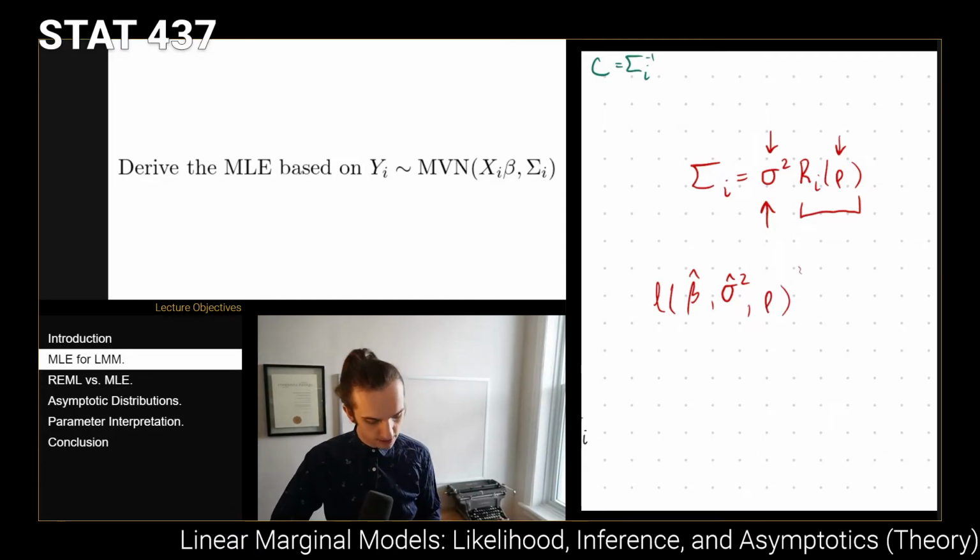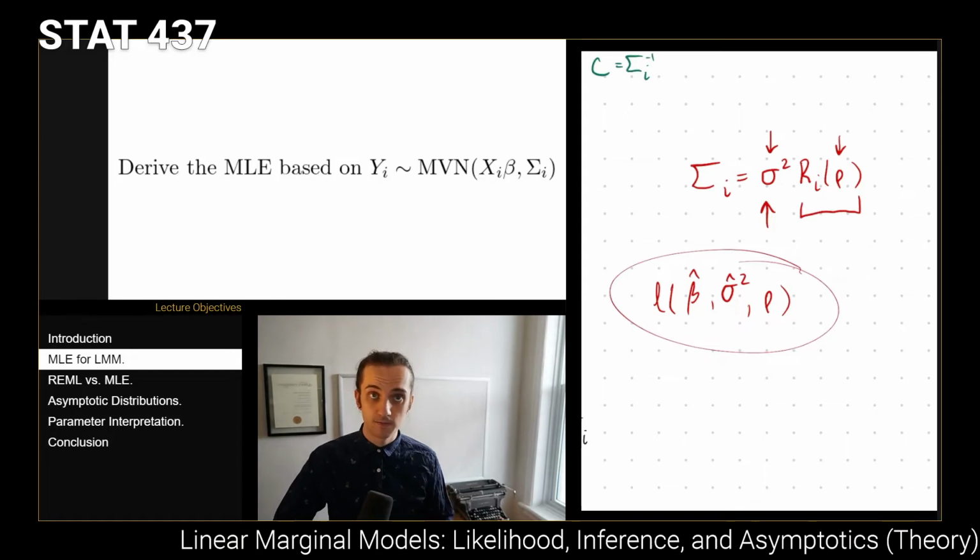And we can solve this numerically for rho. So essentially what we're doing is we use our closed form estimators for beta hat, we use our closed form estimators for sigma hat squared, and then we take those as though they are the true values, the correct values, we plug them into the likelihood, and then we can solve using some numeric techniques for the rho parameter here. And this is a technique known as profile likelihood.